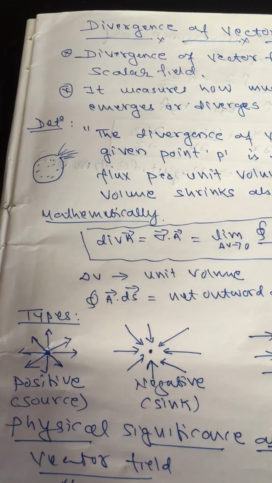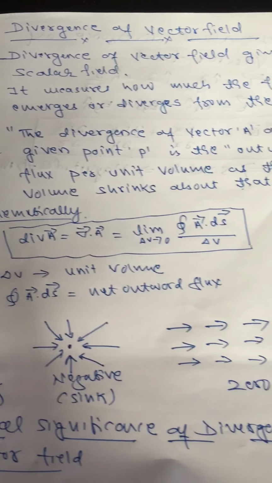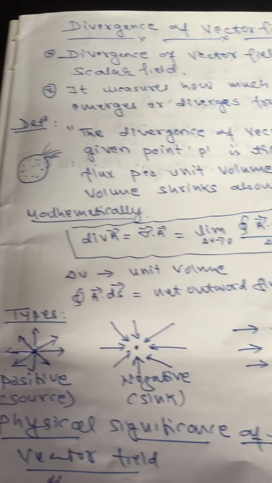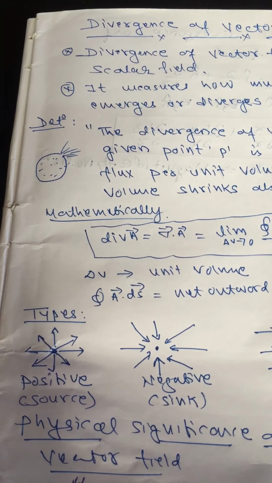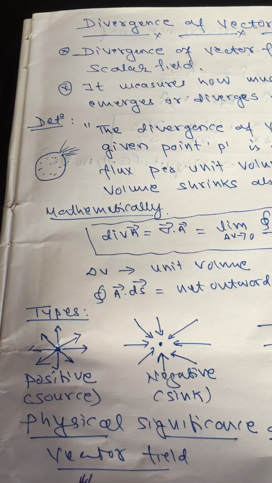As I said, divergence means how much flux is moving away from the given point. For example, positive divergence: here you consider the point where the field is moving away from the point.